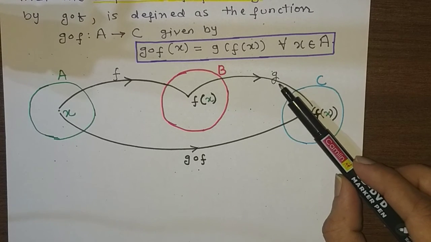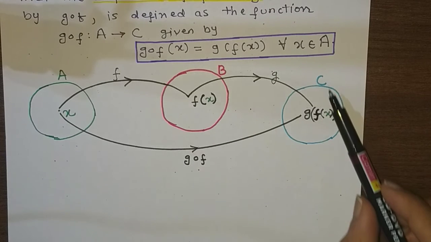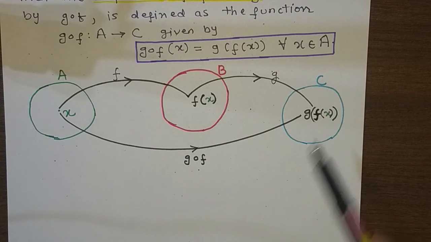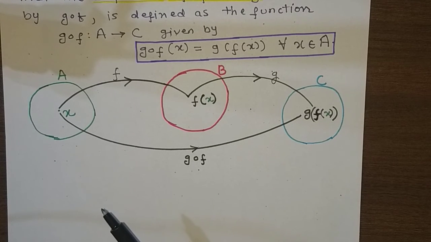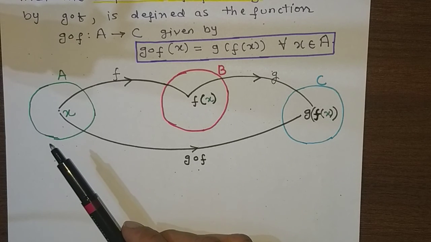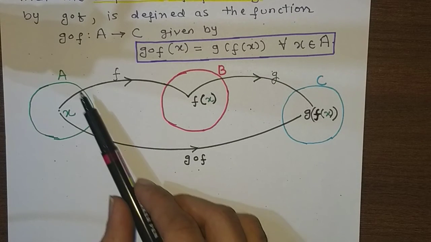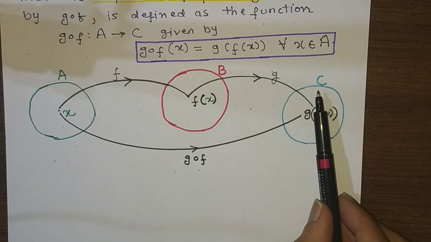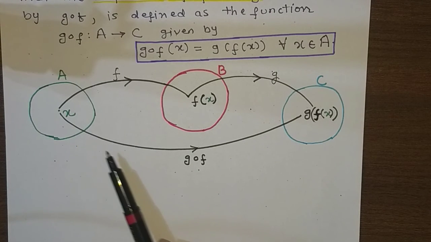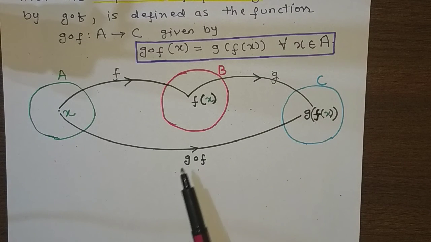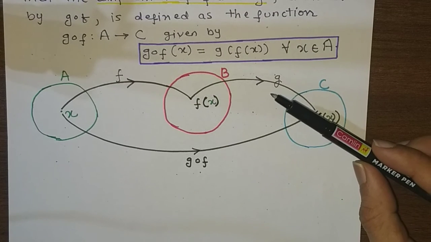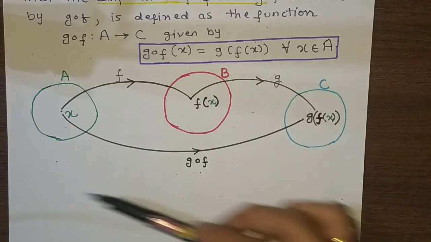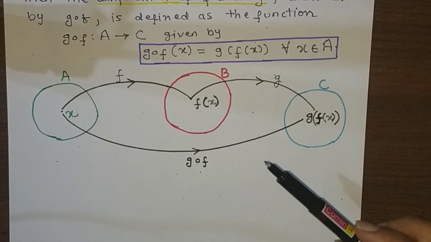So this function g takes this element f of x to the element g of f of x. Now if we want to go directly from this set A to this set C, then we can directly go via g composite f. So that is the meaning of this diagram.